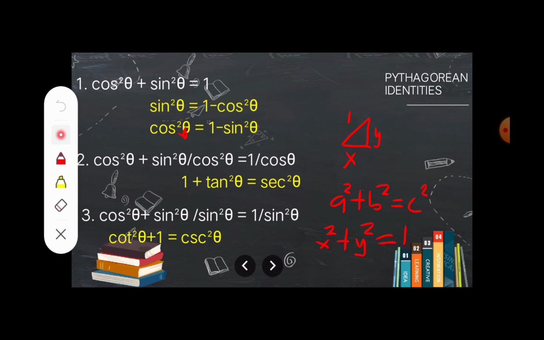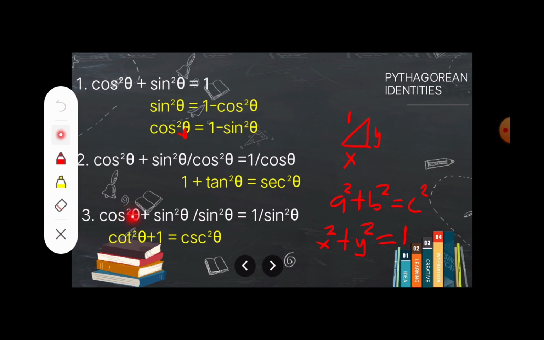So, we can get our third identity. In this case, we're going to divide by sine squared theta. So, cosine squared theta plus sine squared theta is equal to 1. Divide by sine squared theta, both sides rather.